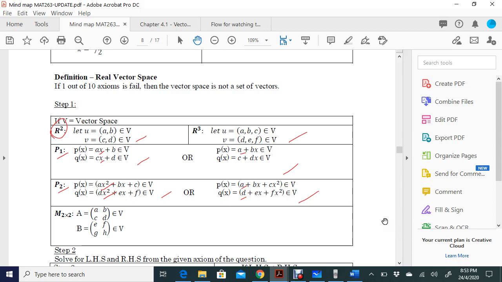Okay, and do remember step 1 here is how you assume or let. Whatever variables you put here must not overlap. Let's say p(x) is ax plus b; your q(x), you don't put ax plus b anymore. You use other alphabets.